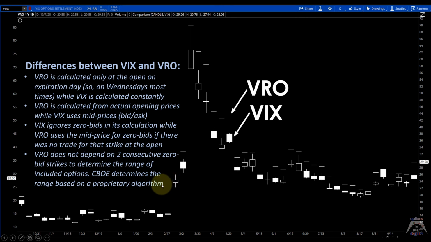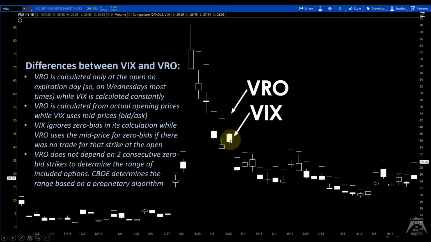So we don't really know. CBOE makes it public, but beforehand, we don't know which options are going to be included in that calculation for VRO, which is the settlement price. So it's important to keep this in mind.